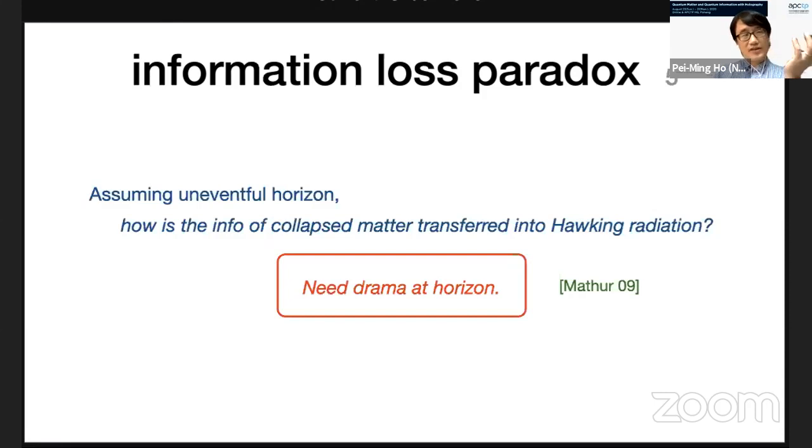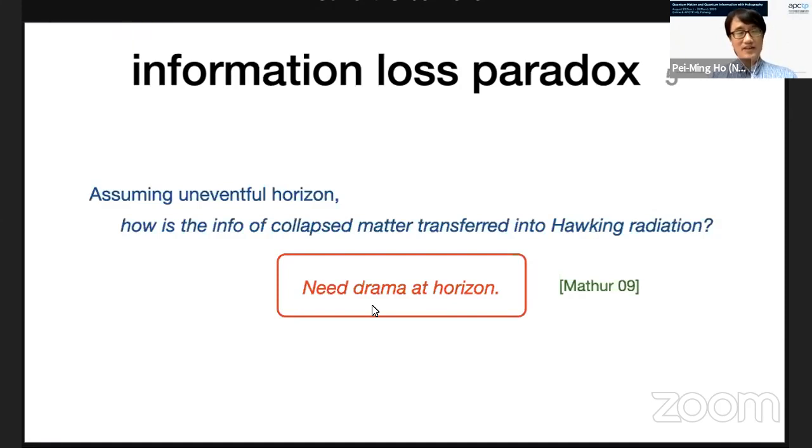And so during the early stage, when you already have Hawking radiation bringing out information of the collapsed matter, there must be something unusual happening around the horizon. So in the review paper by Mathur, he said that there must be some drama at the horizon.